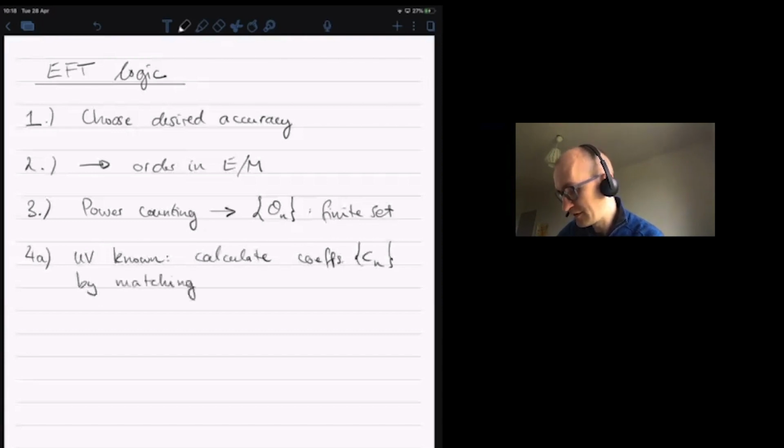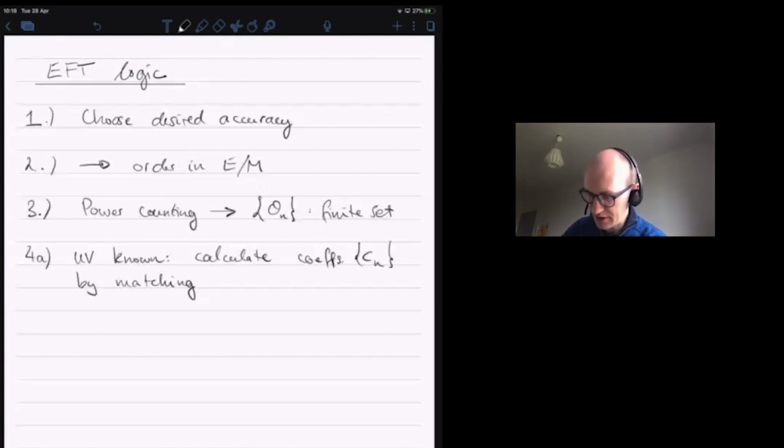Once we've calculated these coefficients, we can calculate low energy processes in a much streamlined way. This is the advantage: we can considerably simplify our task for low energy processes by reducing it to a set of coefficients.